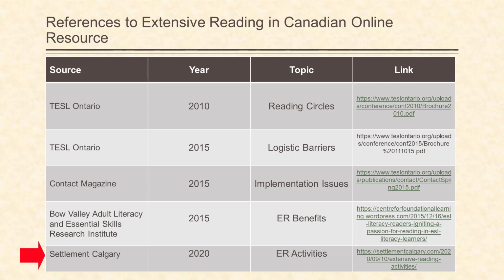The short paper ends with a few suggestions for extensive reading activities, including skimming and scanning, timed reading, summary writing after reading, and writing down new words. The scarcity of such resources and articles shows that extensive reading is not as well known in Canada as we would have liked it to be.